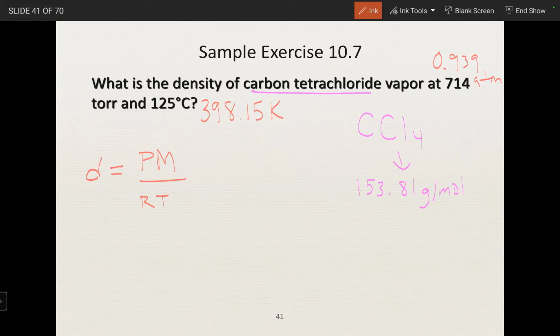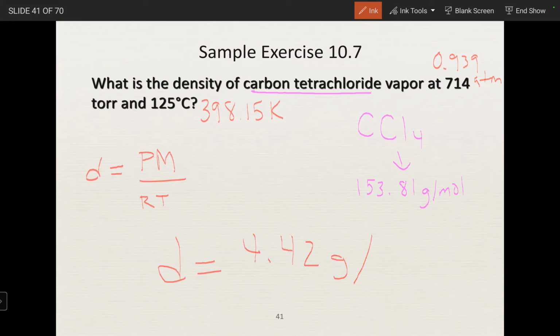And when you do that, you'll have 0.939 atmosphere, excuse me, because we converted from torr, times 153.81 grams. We'll divide by the gas constant, and we'll divide by 398.15 Kelvin. And what we're going to see is we'll have a density of 4.42.